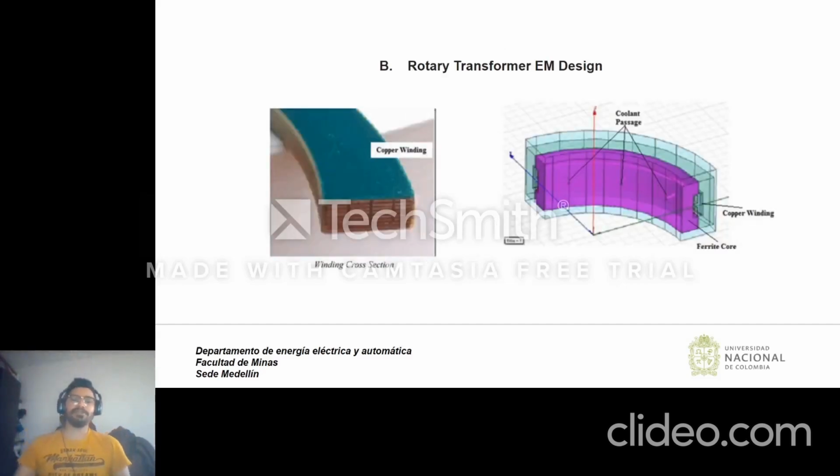Now we can talk about the rotary transformer. This transformer was designed to fit into the available area on the engine side, so minimal additional space is added to the total length of the transmission. The transformer core is built with high temperature ferrites, and the windings are made of high temperature polymer laminate material.